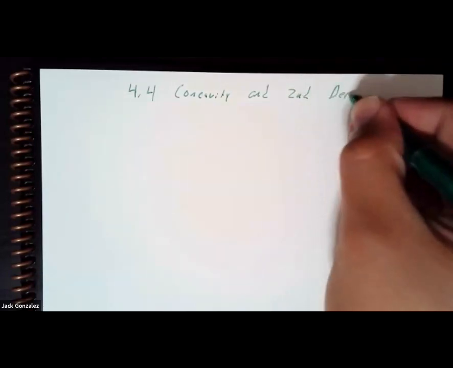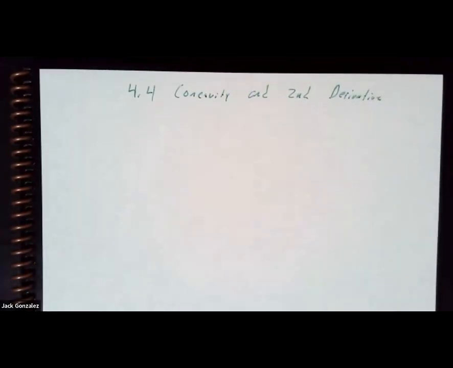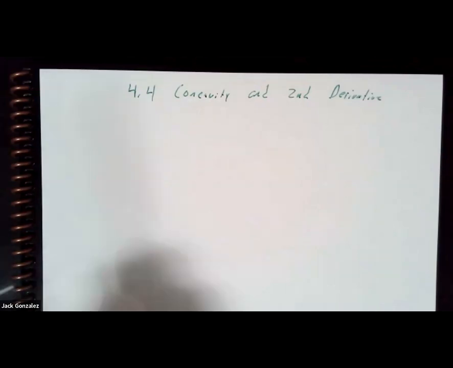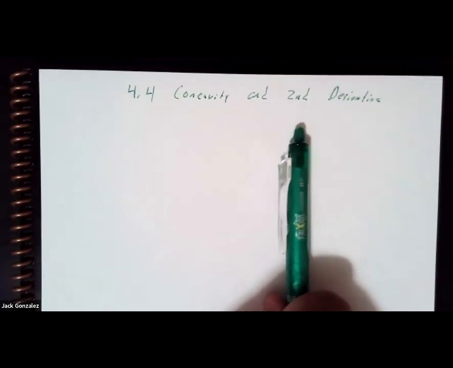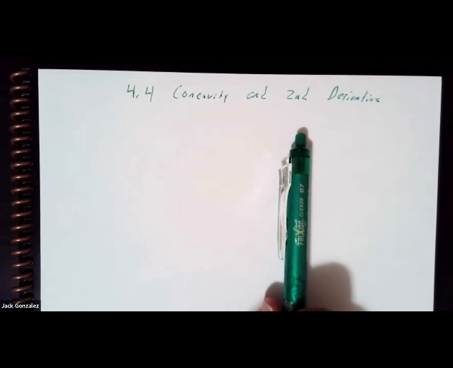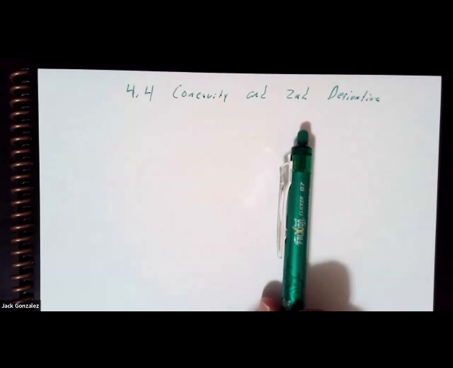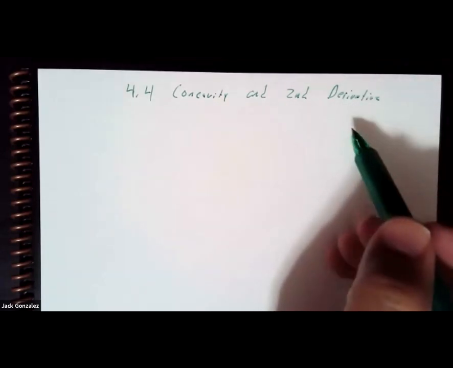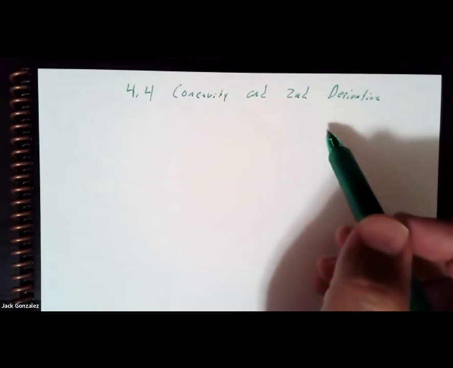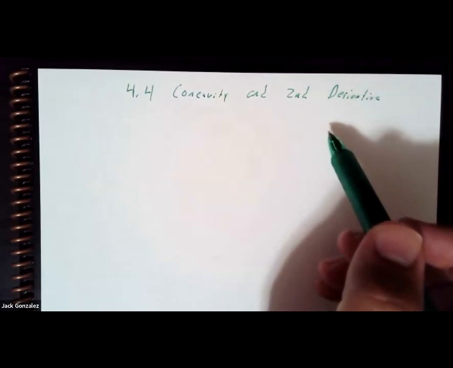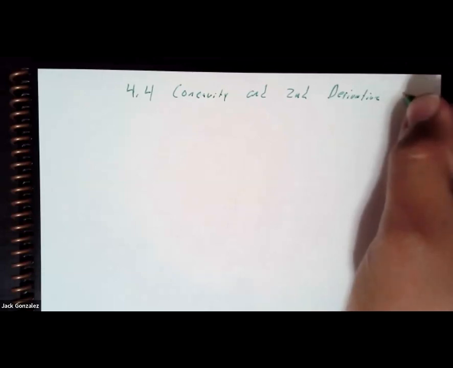So this is a good test when you want to just plug in your critical number and determine, is it a max or not? So you can just plug in the second derivative. If it is positive, it would open up, which means minimum. If it's negative, then it is opening down, which is maximum. The only thing is, if finding the second derivative is a pain, then maybe just use the first derivative test instead. Does that make sense? Like, if it doesn't force you to do one way or the other.